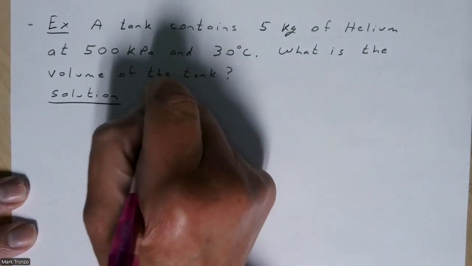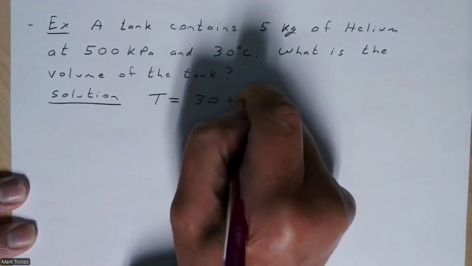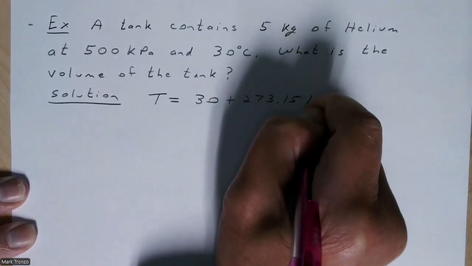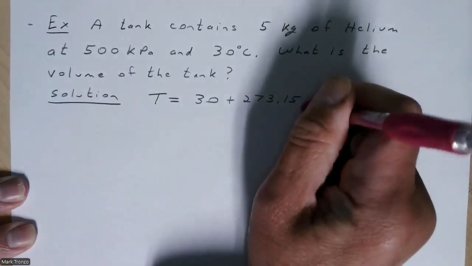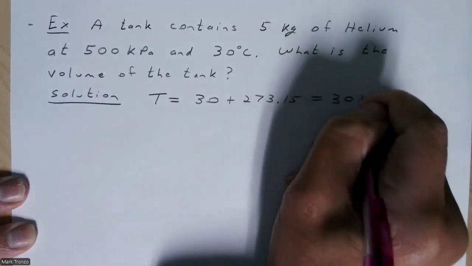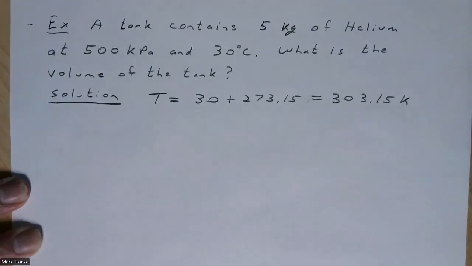So in this case, we're going to have our temperature in Kelvin. So we're going to have to add 273.15 to this, and that gives us 303.15 K, like this.